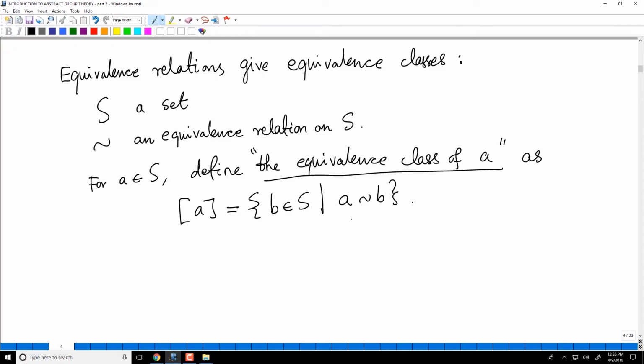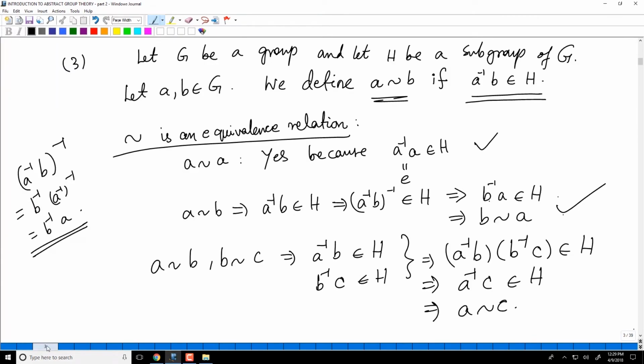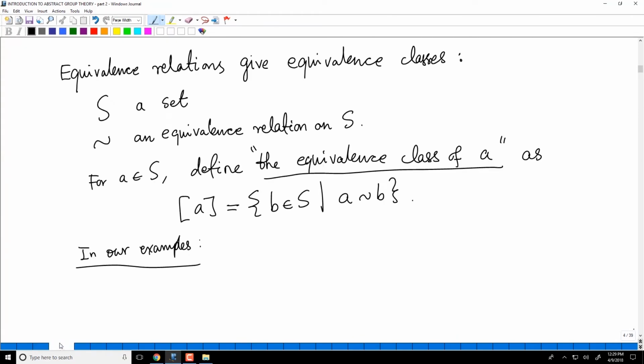So in our examples, what is the equivalence class? In the first example, where equality is the equivalence relation, the equivalence class is very simple, right?